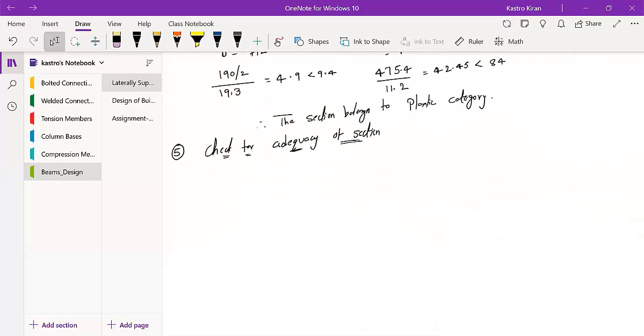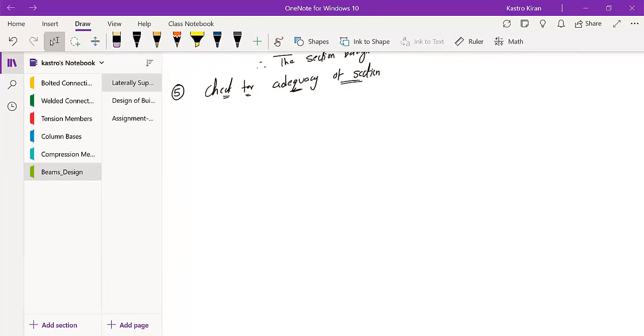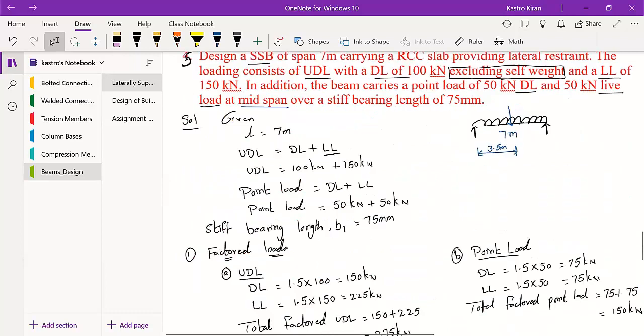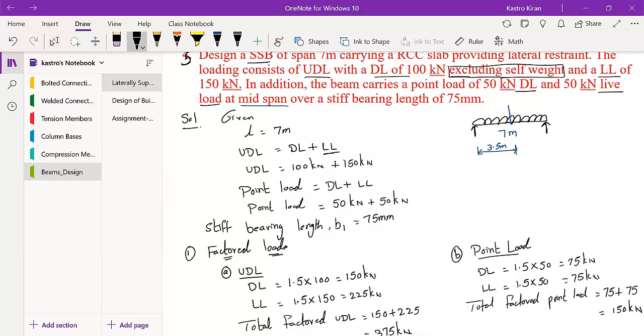So in the first problem, we haven't done this check for adequacy of the section because we looked at only one load that is given. So here, when you have a combination of loads, you have to do this kind of step. That is, you have to check for the adequacy of section. Now here, if you look at the question, they have said excluding the self-weight of the section, right?